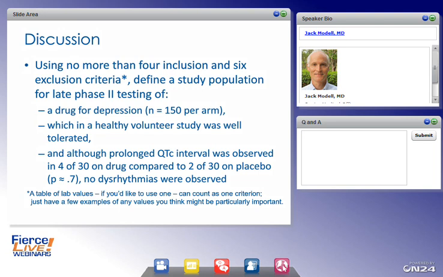A question has come through, or a comment: it is important for people developing protocols to incorporate this thinking while writing inclusion-exclusion criteria, especially if the trial is a pivotal trial. I guess that's a statement. Yes, it is. Very important, especially for pivotal trials, because those are the ones that can potentially affect your labeling the greatest.